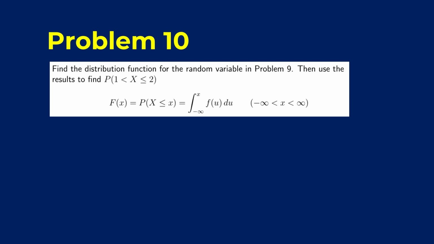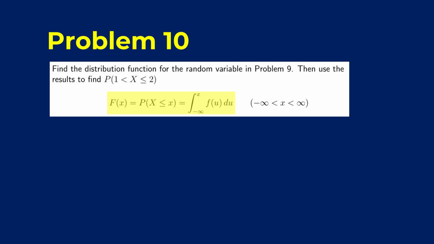Once we find the CDF, we will use it to find the probability when the random variable x is between 1 and 2. For the continuous random variable case, the CDF is defined by this relation. As you can see, we are essentially replacing the summation with integration.